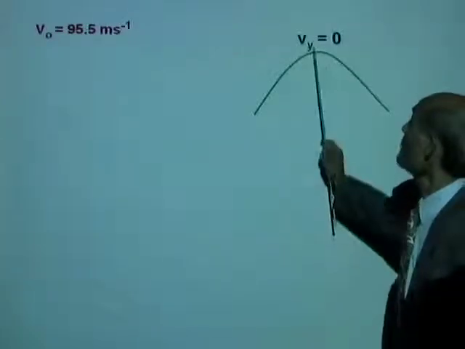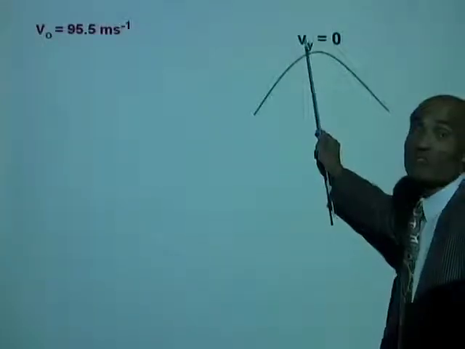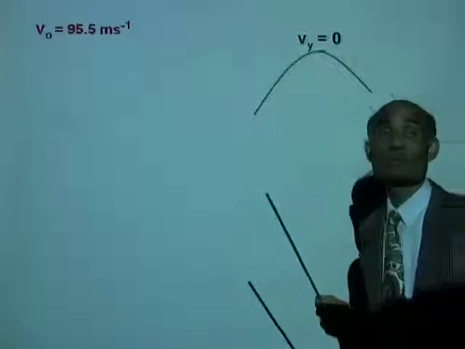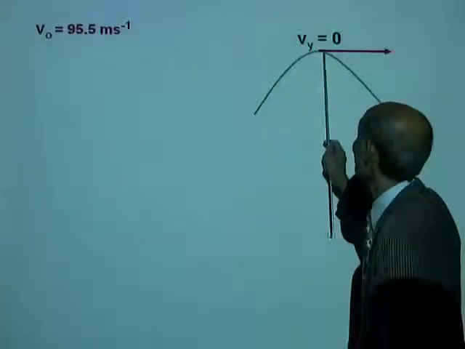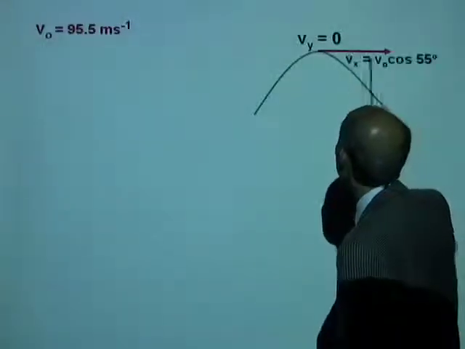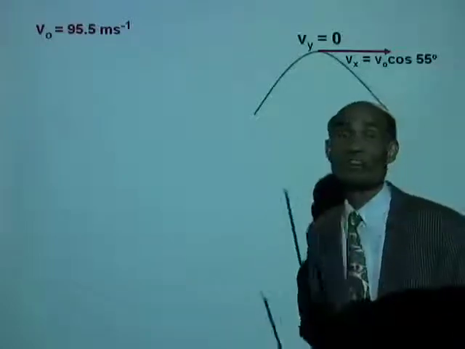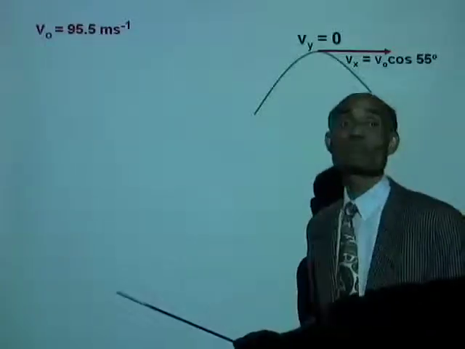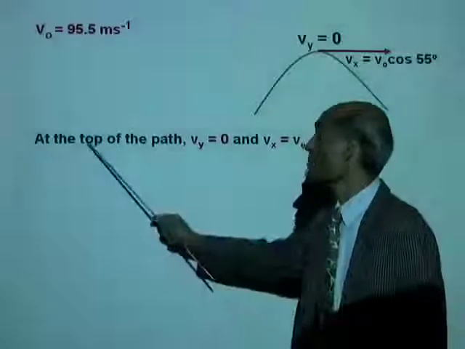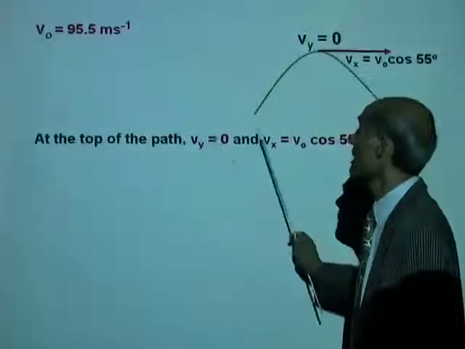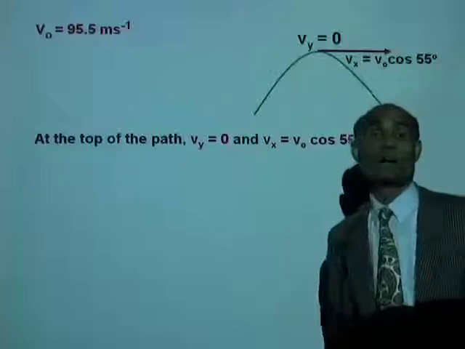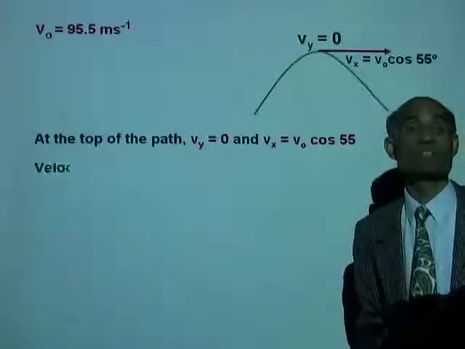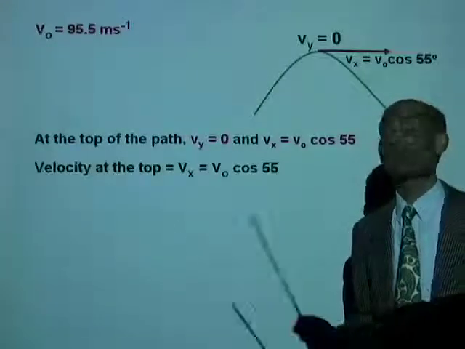At the maximum height, Vy equal to 0, and its velocity is simply made up of Vx. Vx equal to V0 cos 55 degrees.